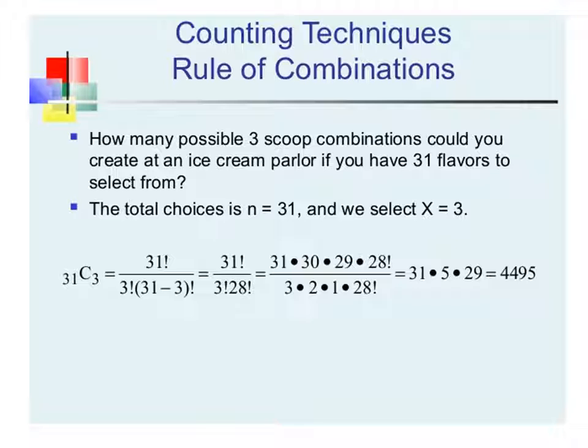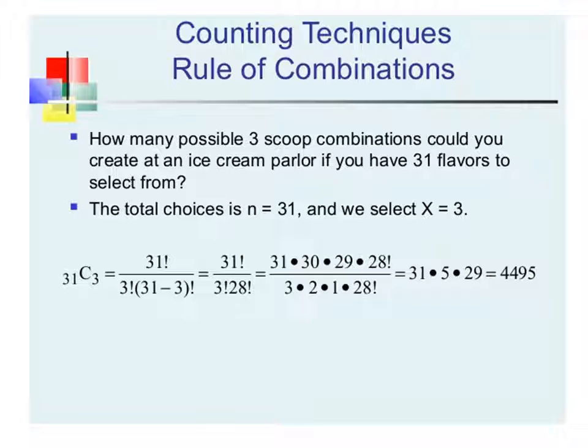The exclamation point is pronounced factorial. 31 factorial is just 31 times 30 times 29 times 28 all the way down to 1. 3 factorial is 3 times 2 times 1. And 31 minus 3 is 28, so you pronounce it 28 factorial.